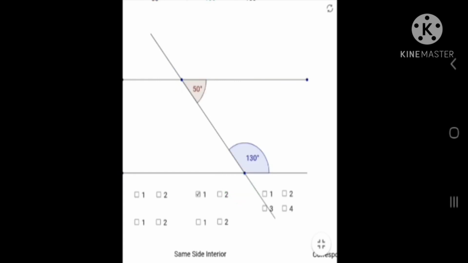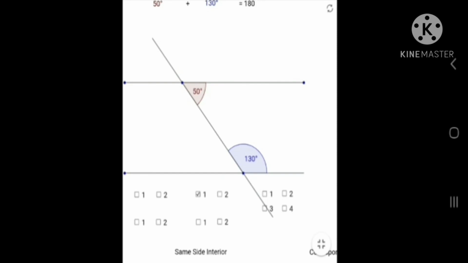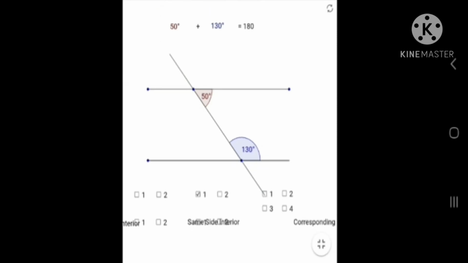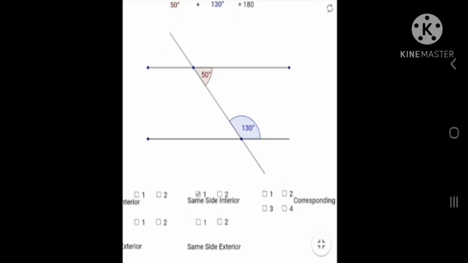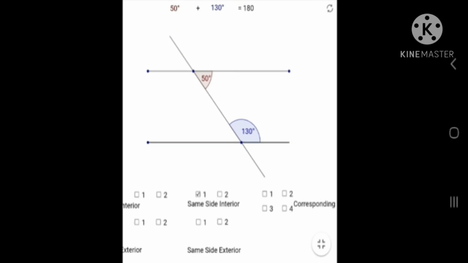As we can find here, the relation between them, 50 plus 130, they give 180 degrees. The same thing with the another pair also, 130 plus 50, the sum is 180. So the co-interior angles or the consecutive interior angles or angles on the same side of the transversal, all are same name, angles on the same side of the transversal in the interior are supplementary.